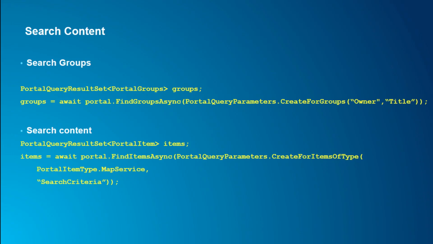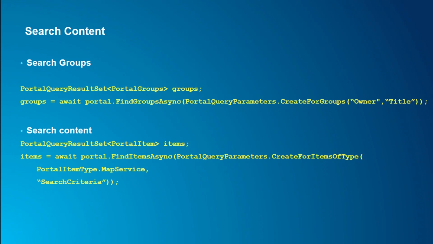Previously, you may have had to do some searches and you would have to then put in a string with the entire search term of getting groups and not getting applications and various bits and pieces, and it becomes quite a long string. So now what we have is this portal query parameters class, and it has static methods in it where we can create search terms and query parameters quite easily.